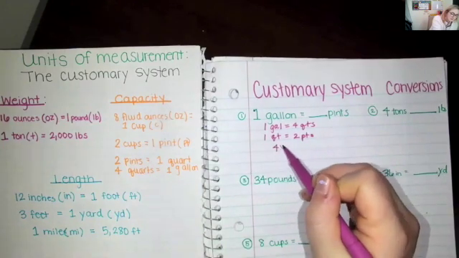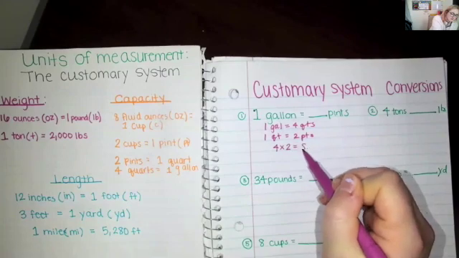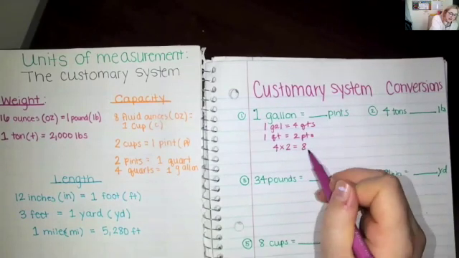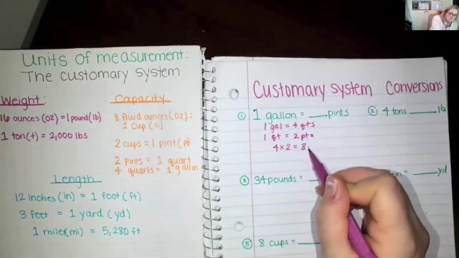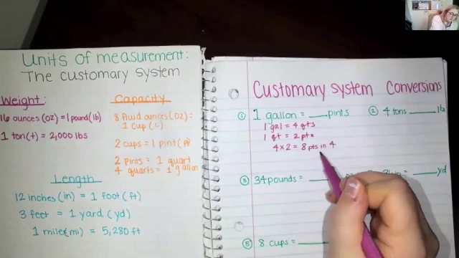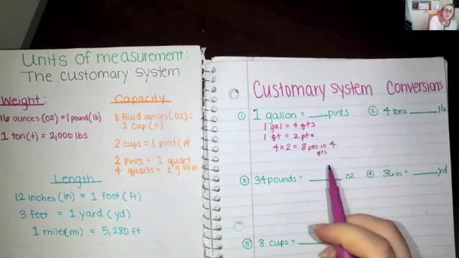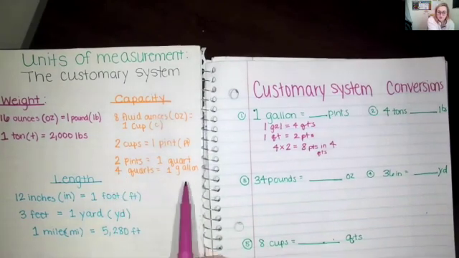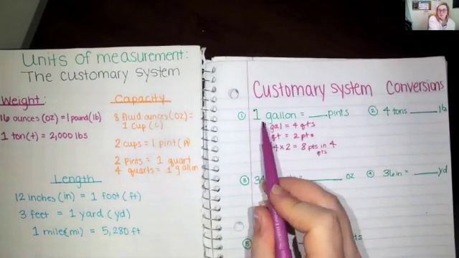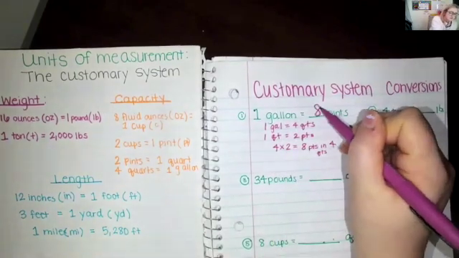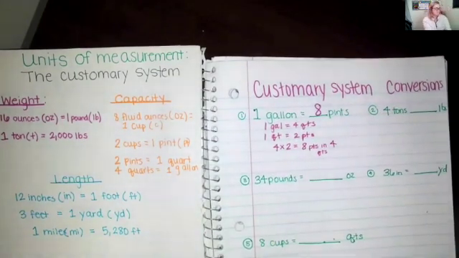I multiplied 4 times 2 to get 8. That means there are 8 pints in 4 quarts. But I also know that 4 quarts equals 1 gallon. This means 1 gallon equals 8 pints.